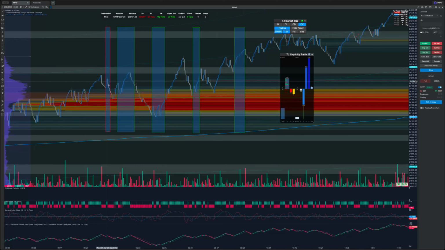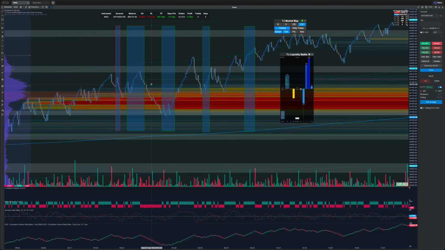Here the market went down into the range, and the speculation was that if it's getting rejected from the middle of the range, it might go well up, which it did.